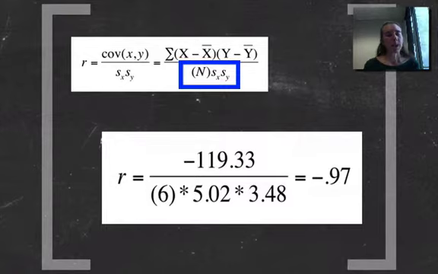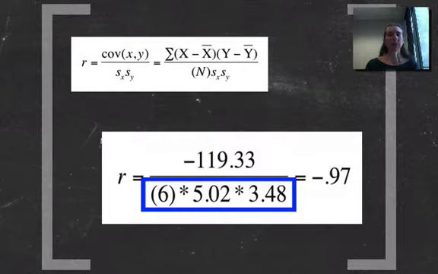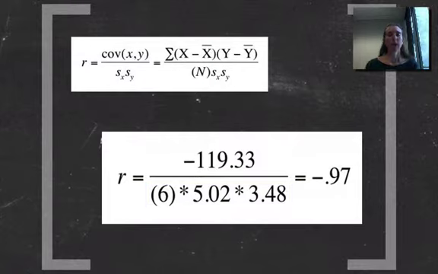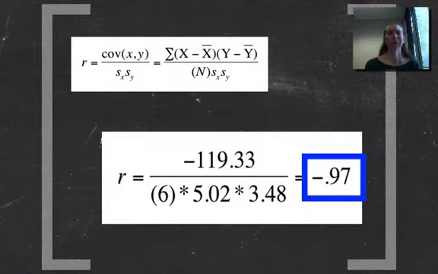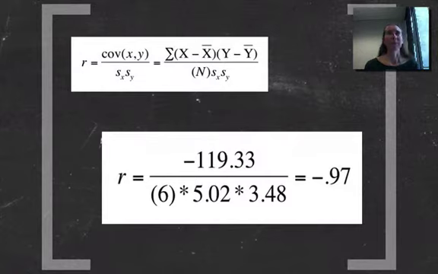And then if we look at the denominator, we see we need the number of people that I have, not the number of scores because they're pairs, but the number of people, and then the standard deviation for each of my variables. So we can plug this into the formula, calculate this out, and we see a very, very strong negative correlation of r equals negative 0.97, such that as the gradient increases, my speed goes down. Thinking about bicycle riding, it makes sense that it might be that way.